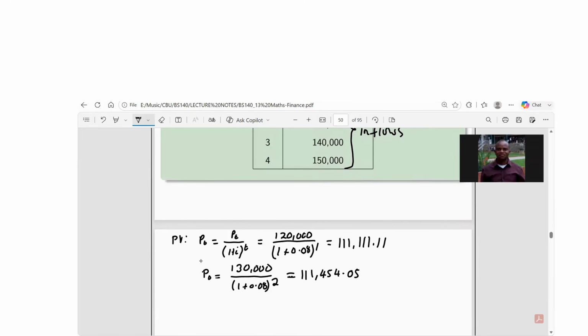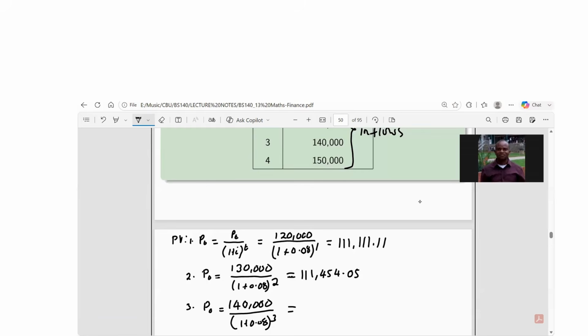In year 3, so this is year 1, year 2, year 3, P naught is equal to 140,000 over 1 plus 0.08 to the power 3, because T is equal to 3.